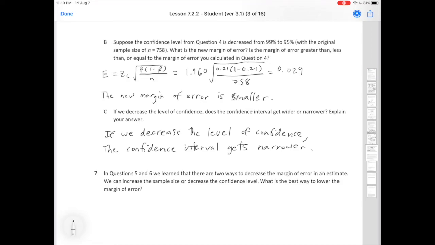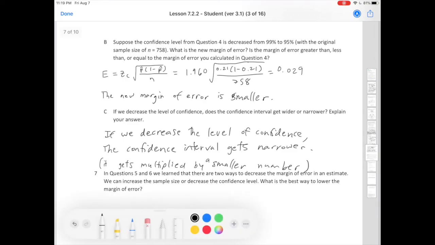Okay. It does say explain your answer, so I will say that it gets multiplied by a smaller number. What do I mean by this? Well, I want you to look above at my formula for my margin of error.